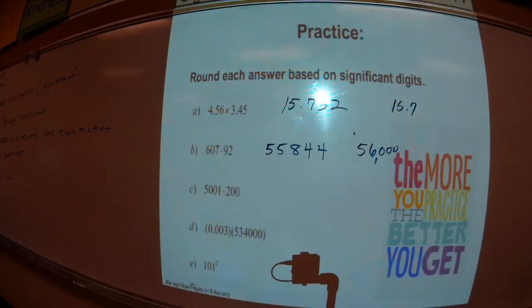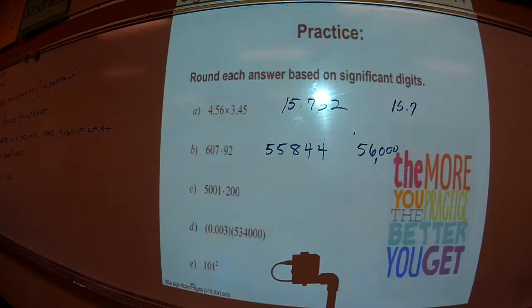Good, I'm just looking at your zeros. So this is what I got when I multiply the same thing, but I can only have 1 significant digit.